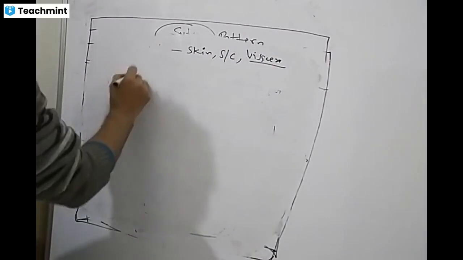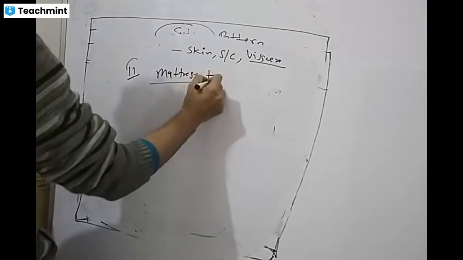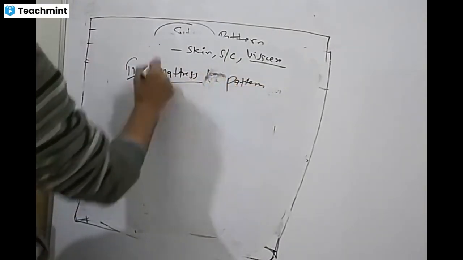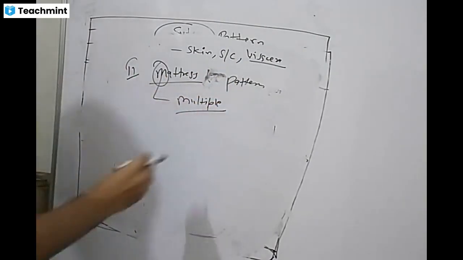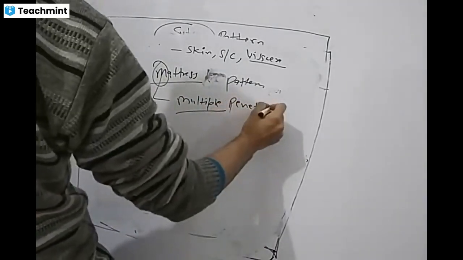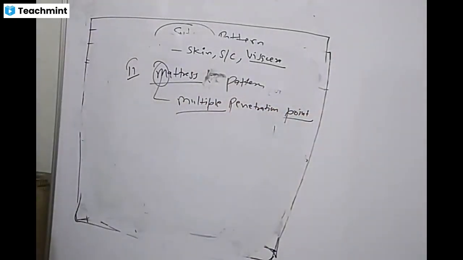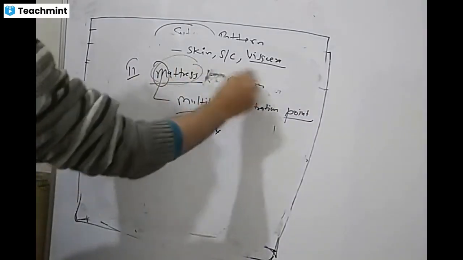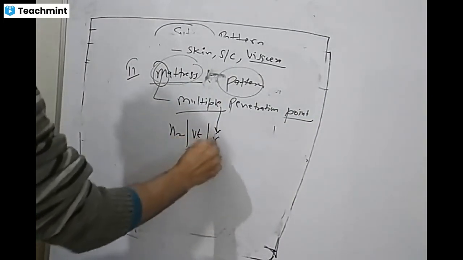Second type is your mattress pattern. M stands for multiple penetration points. These mattress patterns are of the following types: horizontal, vertical, and cruciate.